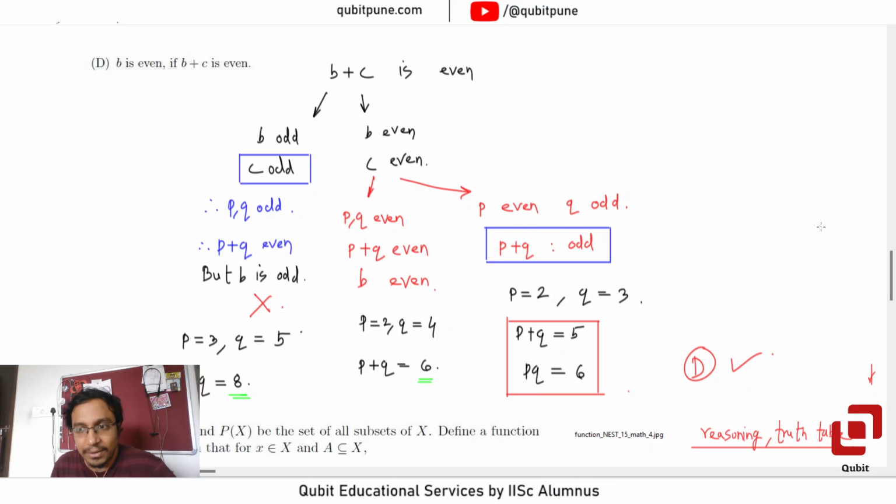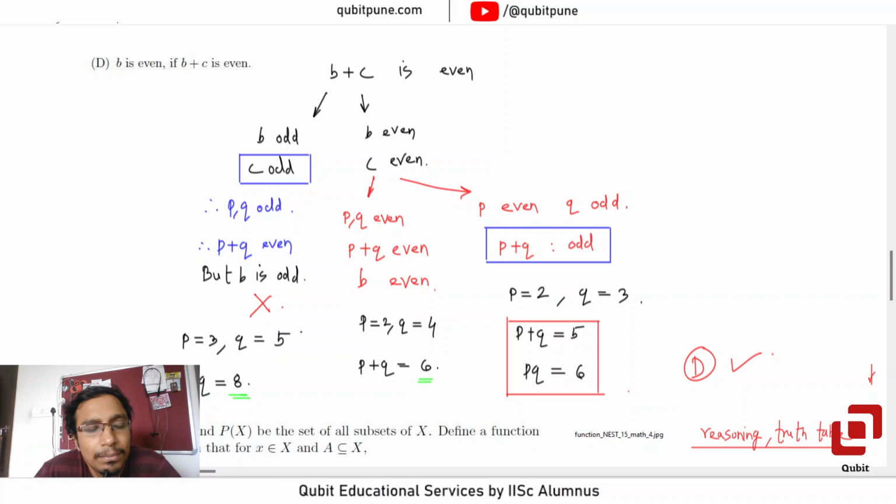See, in the first case that we took, didn't we disprove option D? How? Because in this case, B plus C is even, but B is odd. Oh, okay. B plus C is even, which means B odd, C odd.